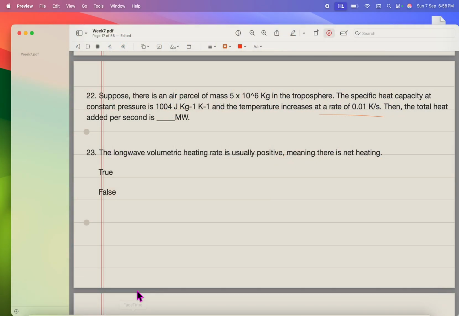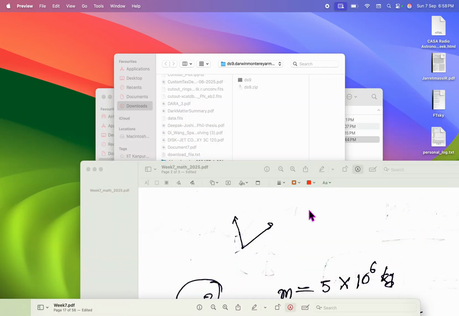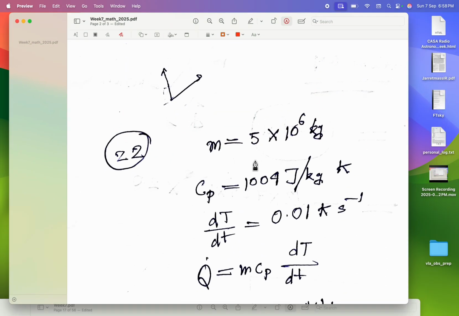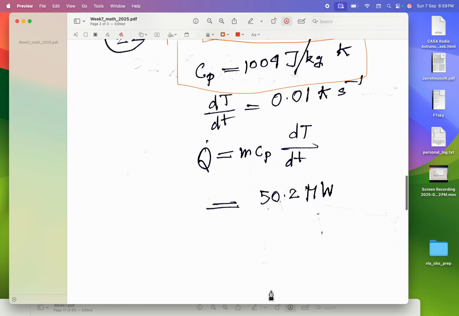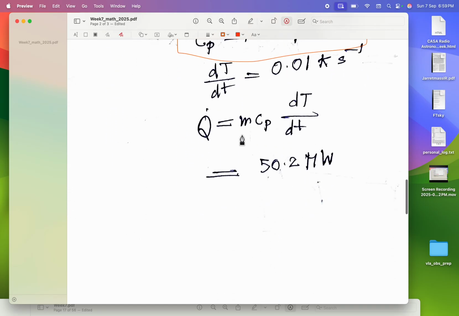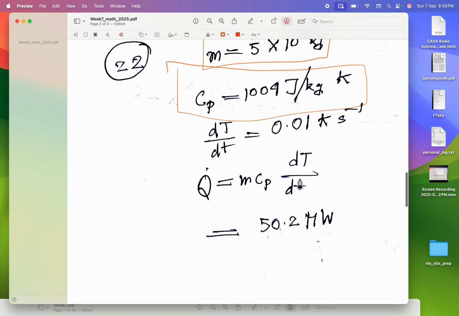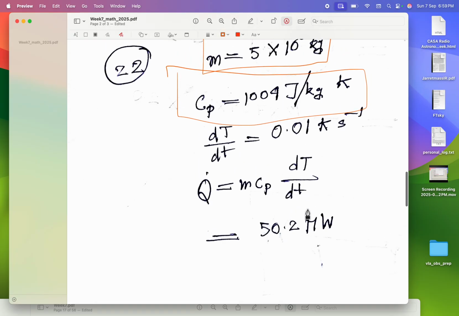Now this question comes from this equation. Here the mass of the air parcel has been given, the specific heat at constant pressure has been given, and the temperature increase per unit second has also been given. Now Q dot equals m Cp times dT by dt.